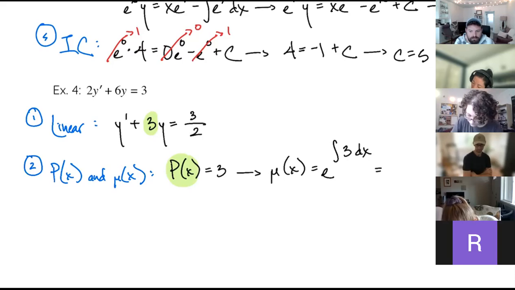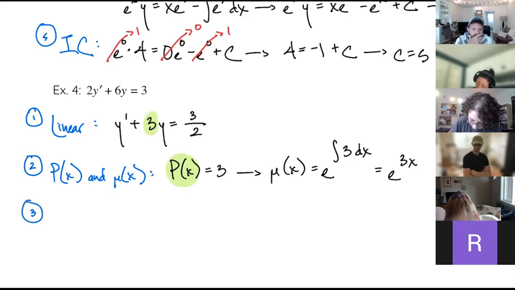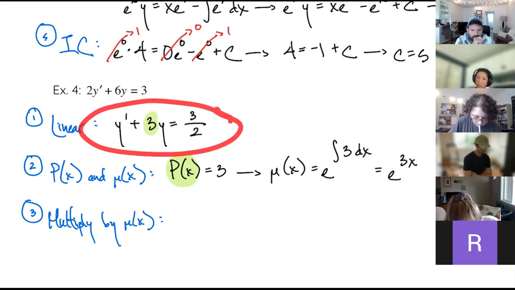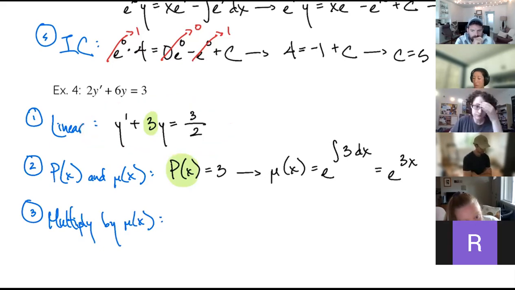And that integral is not too bad. We get e to the 3x. Okay. So e to the 3x is going to be what we multiply everything through by in our next step. So I'm going to go back to my form where the coefficient is 1, and I'm going to multiply everything by e to the 3x.